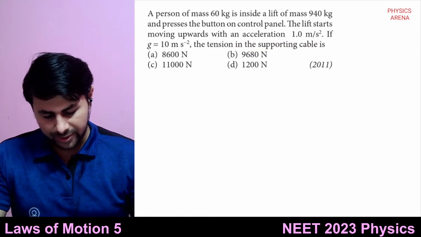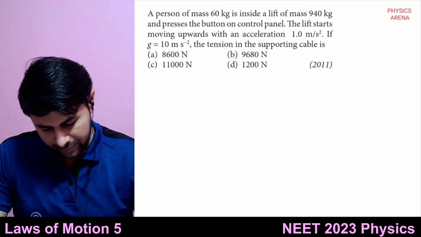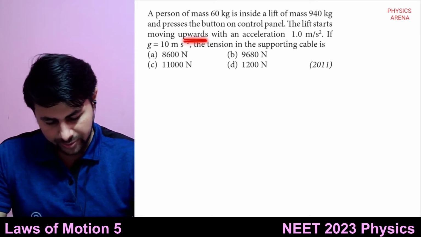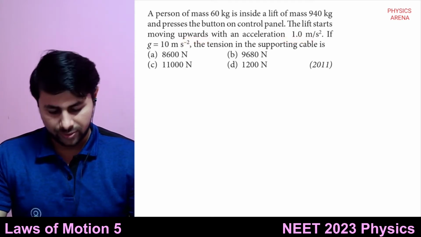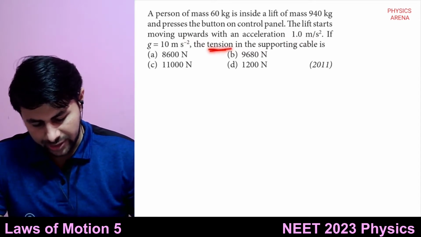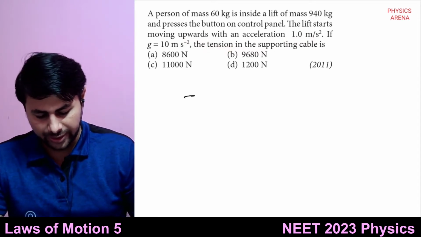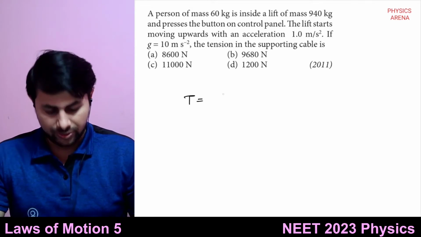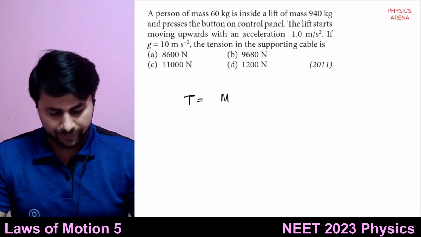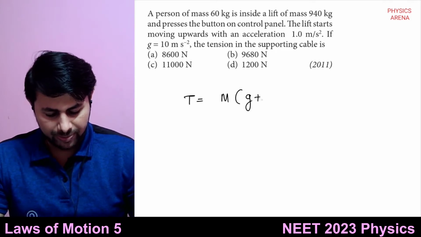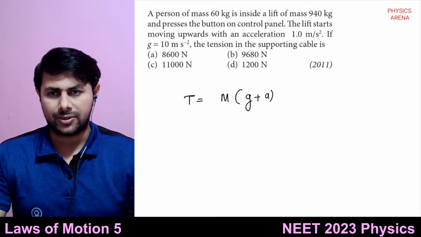So lift is accelerating upwards with acceleration of 1 meter per second squared. So what is the tension in the supporting cable? T is equal to, we just found, mass of man plus mass of lift, which is total M, multiplied by g plus a. It's accelerating upwards.